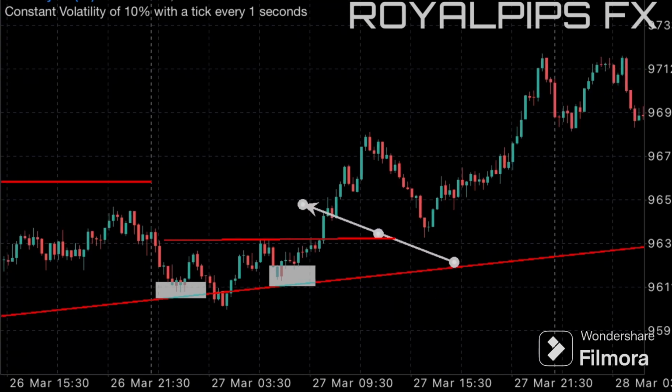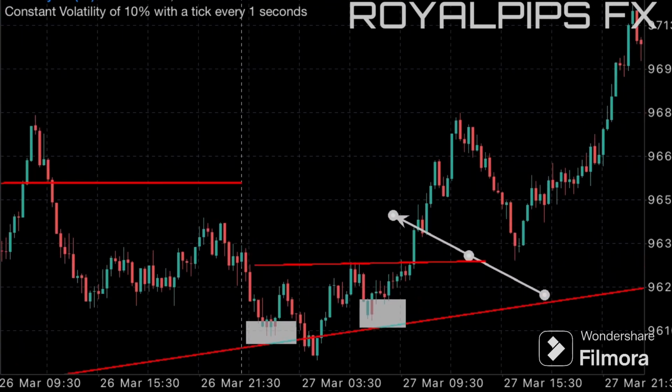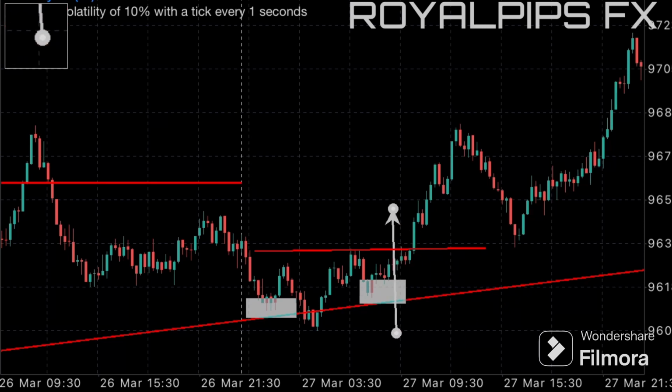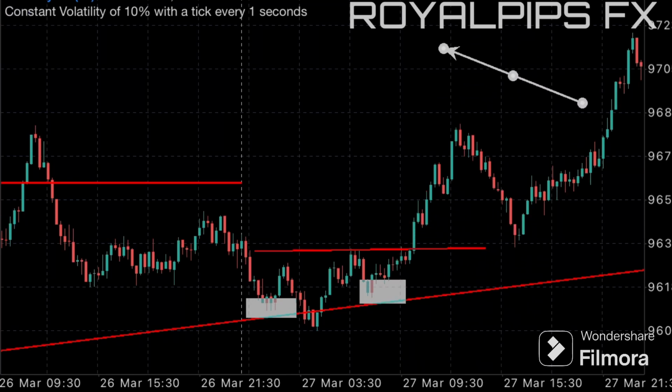Our risk to reward ratio is a minimum of 1:2. When we place our buy here, we put our stop loss right about here, and we target 2 times what we are risking. If from here to here our risk is $1, we are targeting $2. This will give you an edge over the markets.